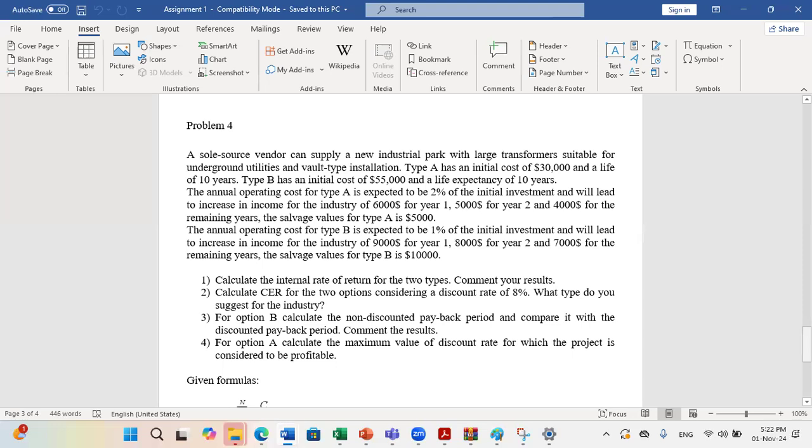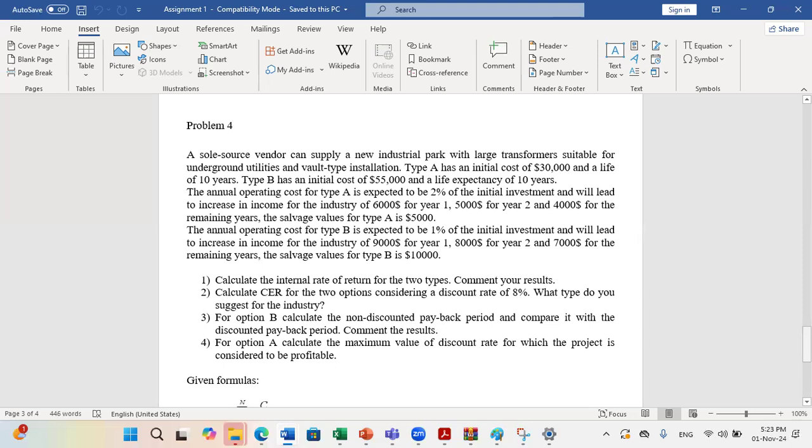No need to do more calculations, because calculation of internal rate of return and CER are not straightforward. I need a formula, I need to do trial and error, or I will have a big formula to introduce in the calculator, etc. So in case I want to do fast calculations to have an idea about my project, I can start with not considering a time effect.